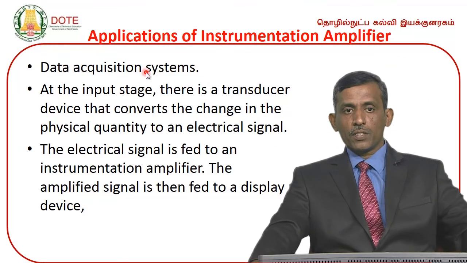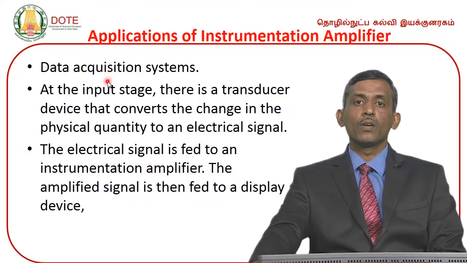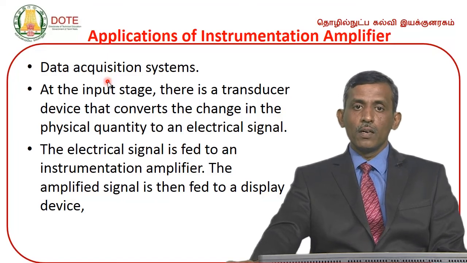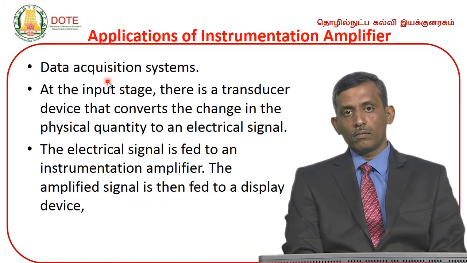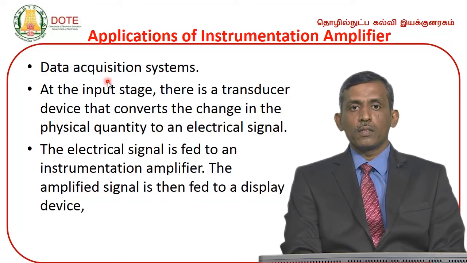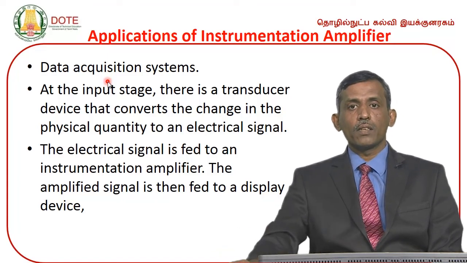So what is the application? Data acquisition systems. It is one of the instrumentation applications wherein in most of the places we need to acquire the data. Data va acquire panni store panna vendirukku. That means what? Data may be real time signals data.